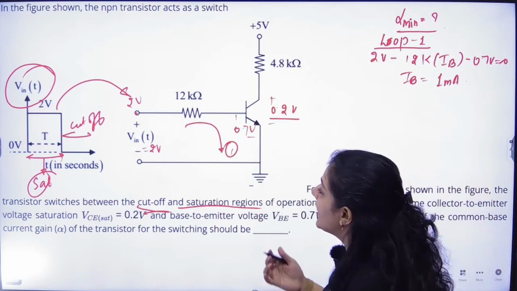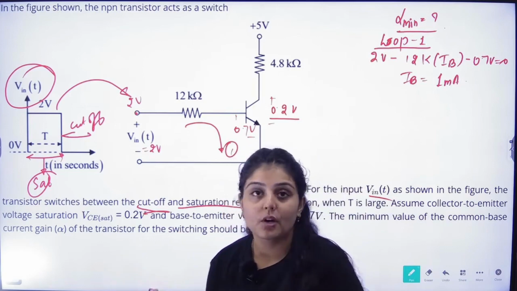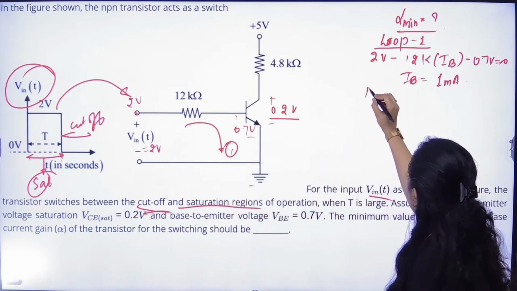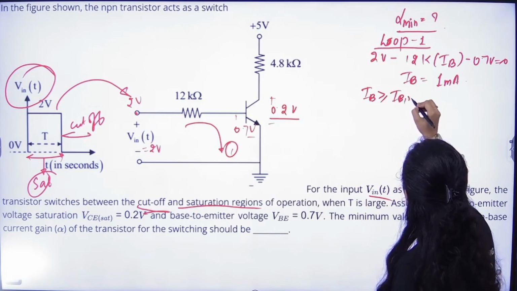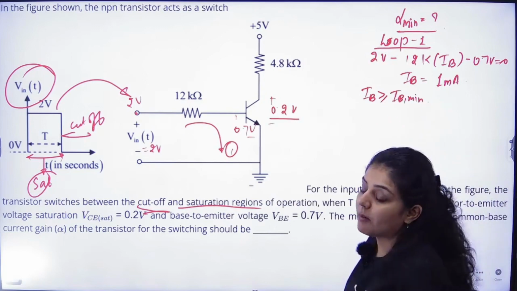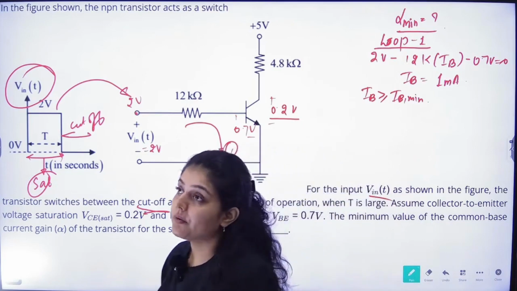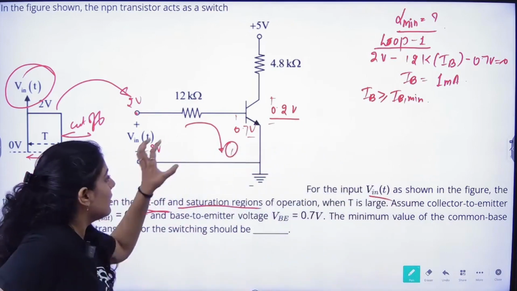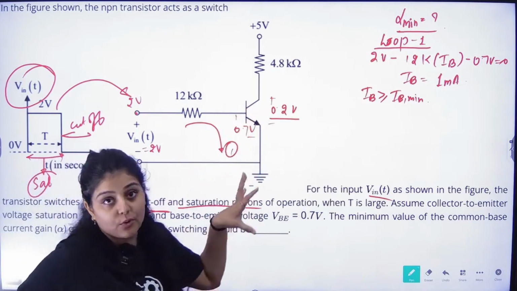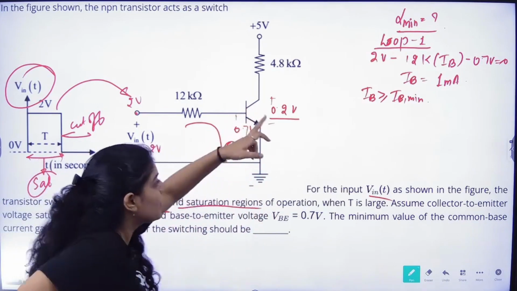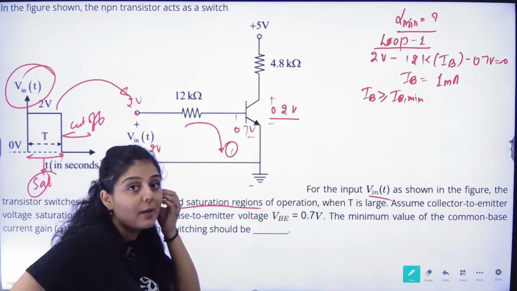Now, in order to keep this in saturation, IB should be greater than or equal to IB minimum. IB minimum is the value needed to make this BJT go into its saturation mode. So the base current which we calculated should be greater than or equal to IB minimum.